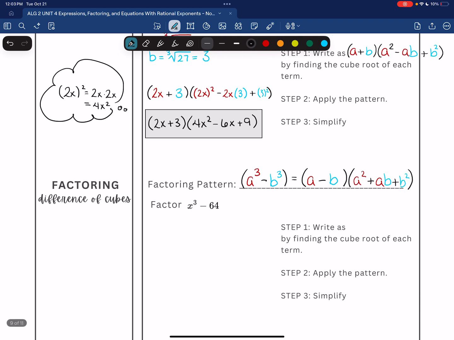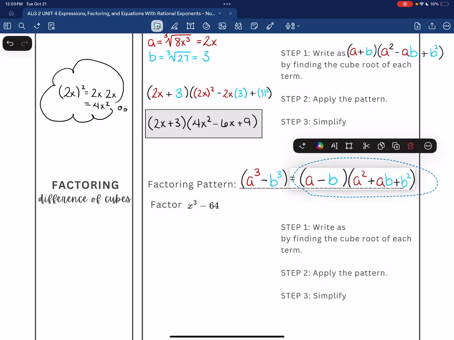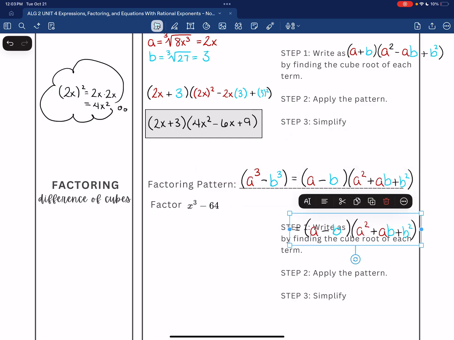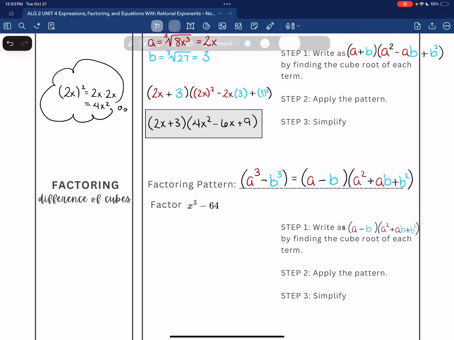So we're going to go ahead and rewrite this so that it's in this kind of format. We're going to rewrite it just like this. And to do so, we're going to need to identify what our a and our b value are. So to find your a, you're going to want to take the cube root of your first term.